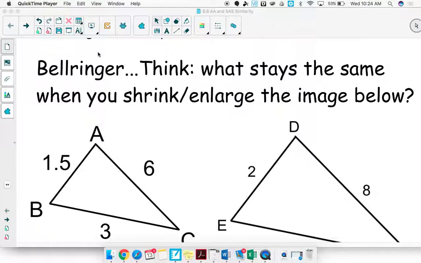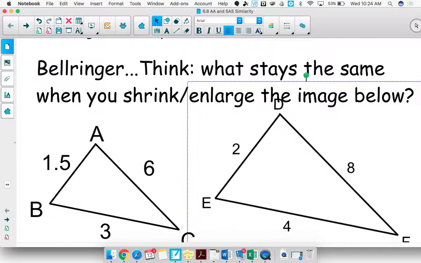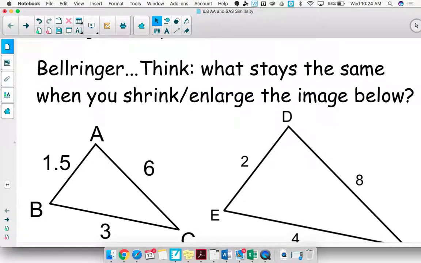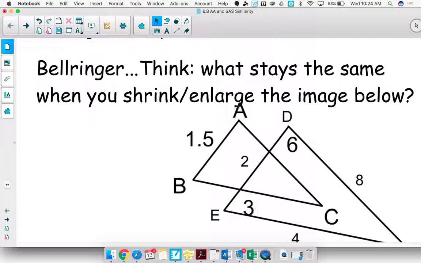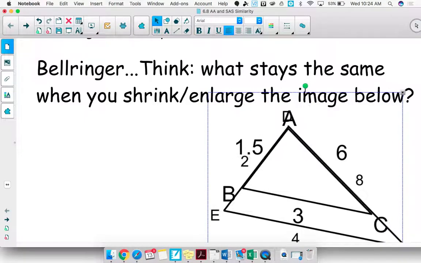For your bell ringer today, I want you to think about what happens if we start with two similar triangles, and actually just starting with one, for instance, this one here. If we start with triangle DEF, what's going to happen if I stretch or shrink this down? Look at this. If I slide, this is basically the same triangle. I just shrunk it down.